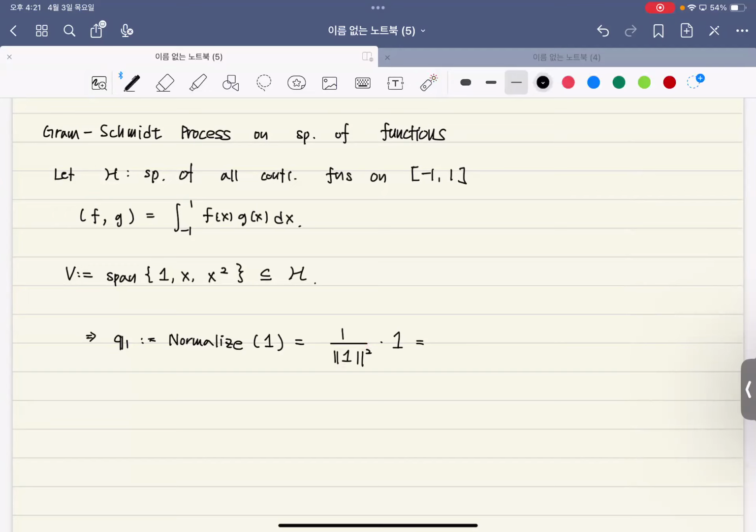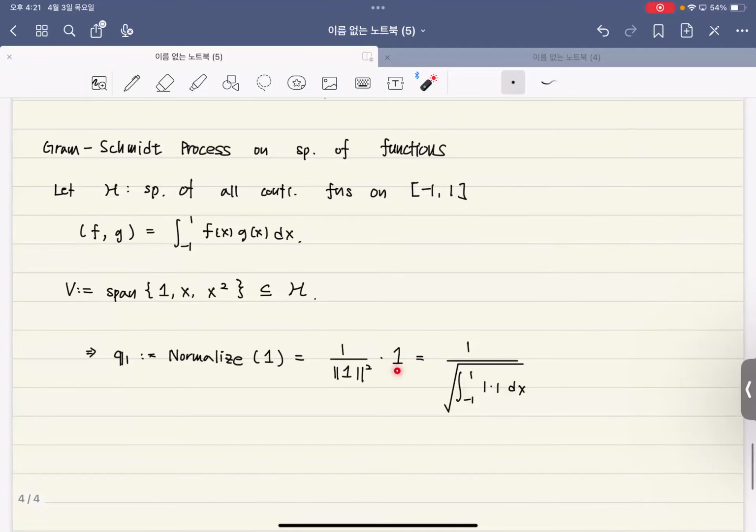It is the square root of the integral from -1 to 1 of 1 times 1 dx. You're integrating the constant function 1 from -1 to 1, so this is going to be 2. So the length of this vector is not 1, actually. The length is the square root of 2.